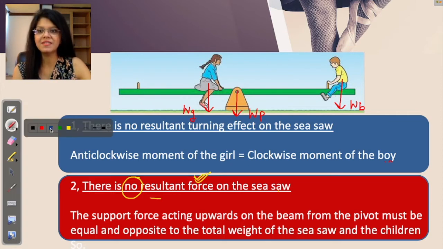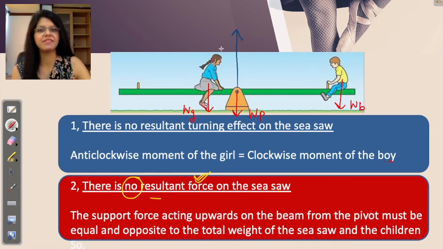One more force, which is in the opposite direction. Let me use a different color because it is in the opposite direction. Maybe I can use a blue pen. A force in the opposite direction, which we call the support force, or you also call it thrust.